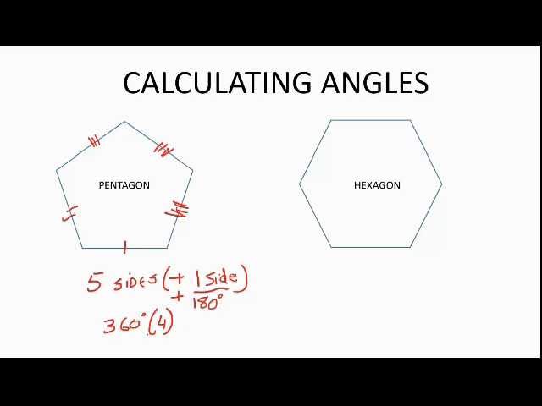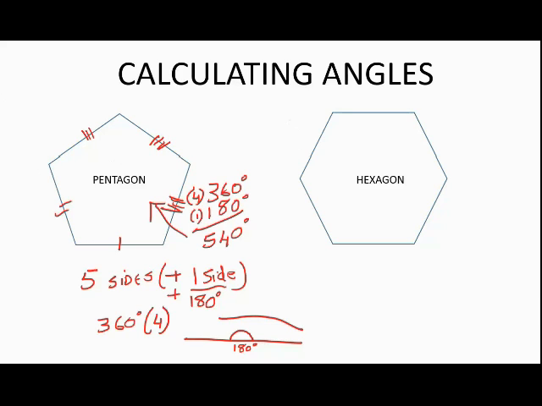So we now have the 360 degrees of a quadrilateral plus another 180 degrees, and that will give us a total of 540 degrees for the pentagon.